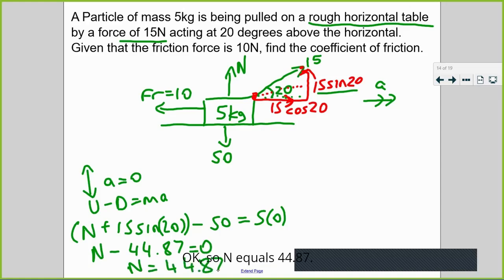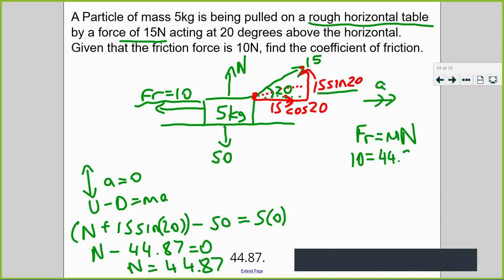Okay, so N equals 44.87. Now the formula for friction is friction equals mu N. We know that friction is 10, and we know that N is 44.87.